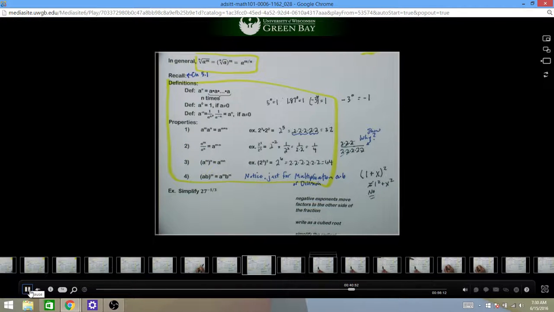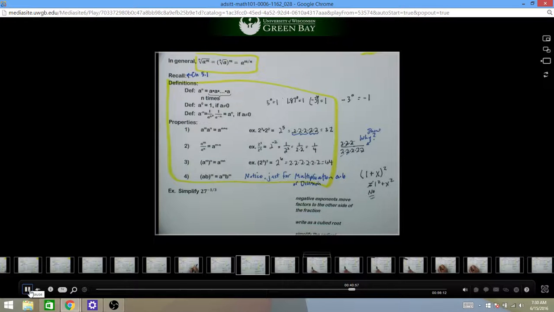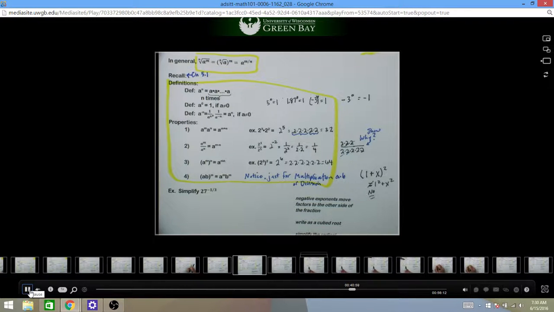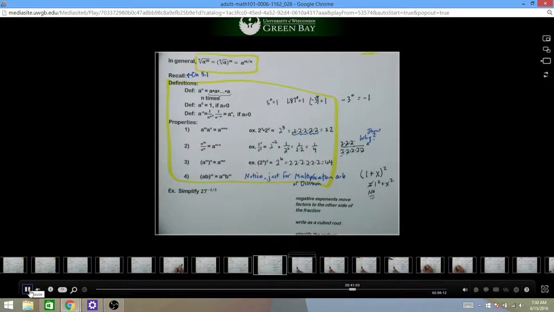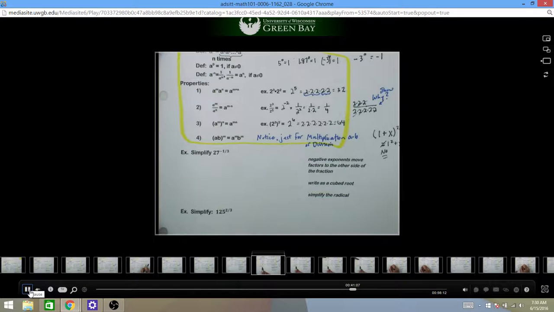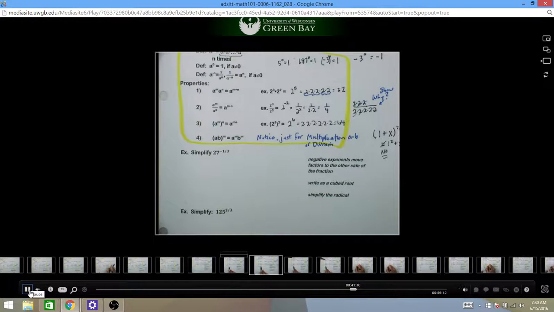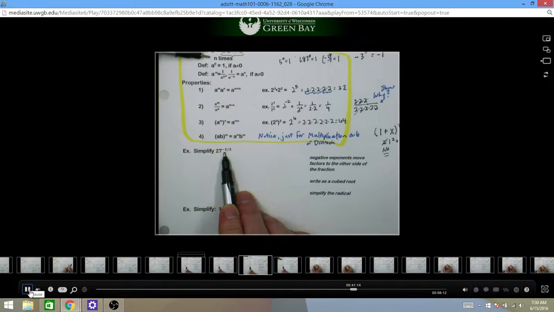Okay, well, let's go ahead and see how these exponents as fractions work. So we're going to simplify numbers with exponents that are fractions. So here I have 27 to the negative 1/3. So looking at my rule, my definition actually, a negative exponent means I can put the factor in the denominator.